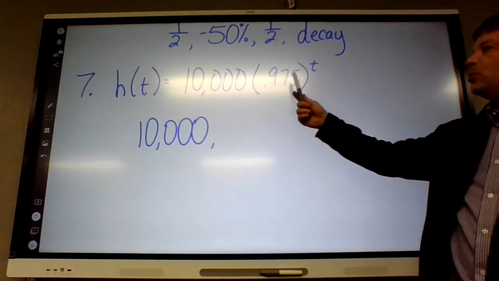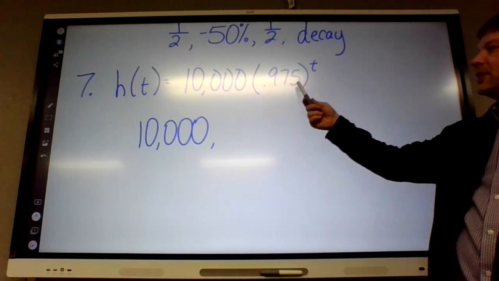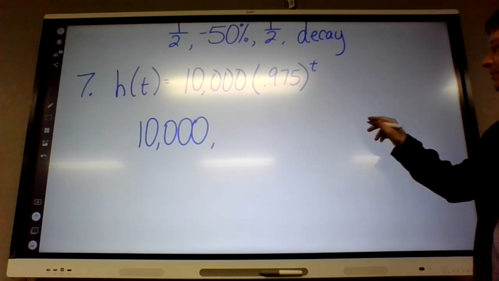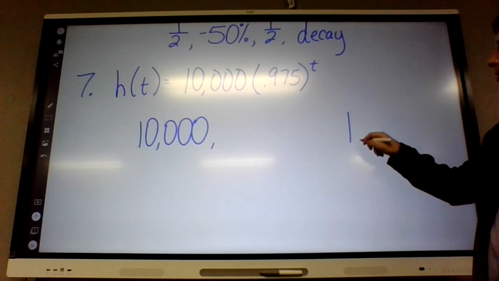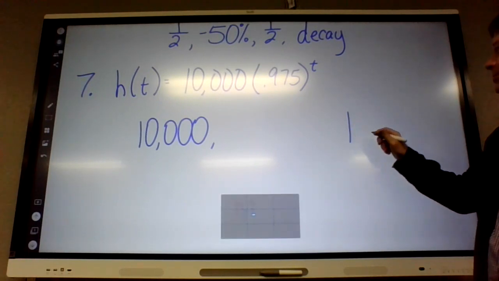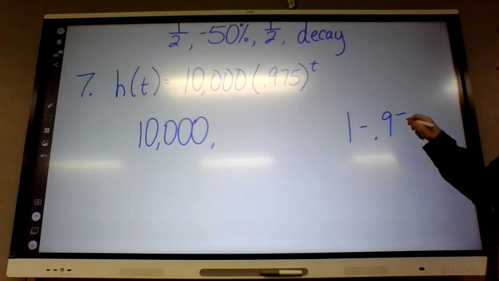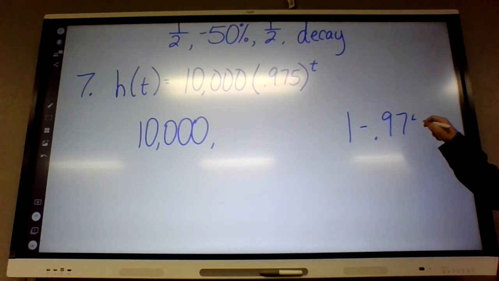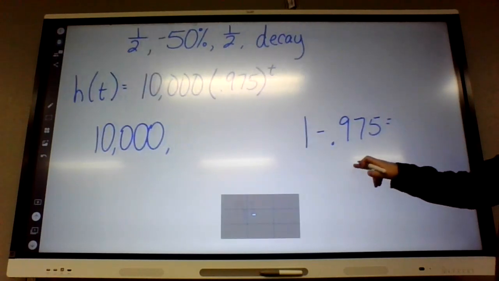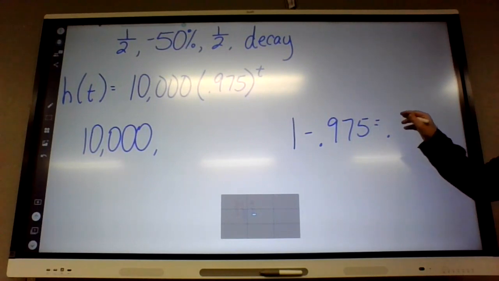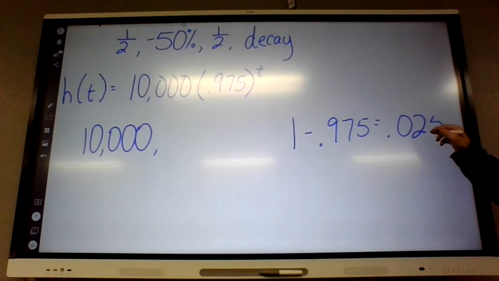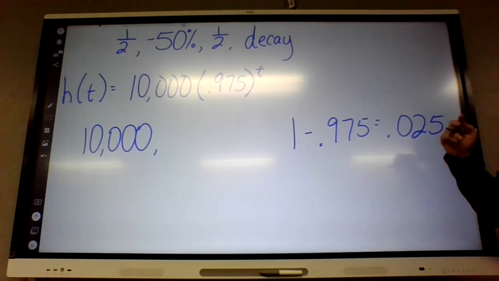How do you get from a 1 to a 0.975? Well, if you're not sure, you could just subtract to see how much it's changing by. 1 minus 0.975 comes out as 0.025.